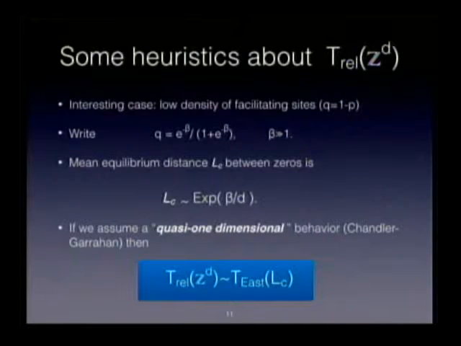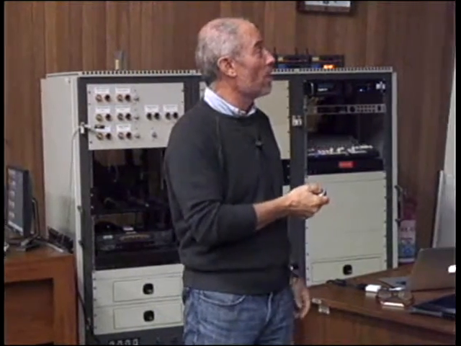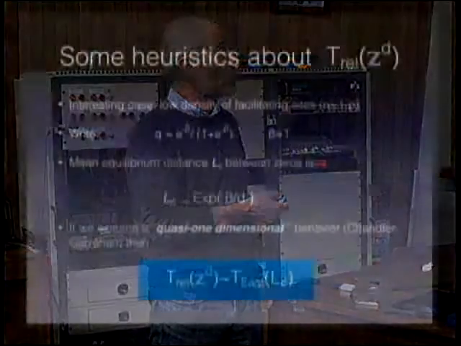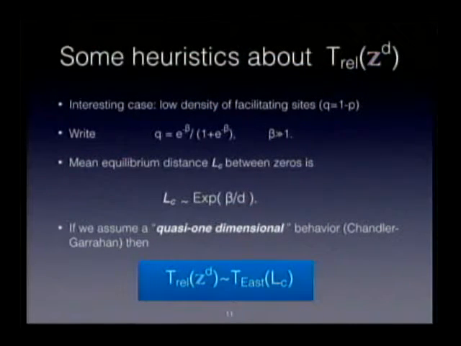Beta is like the inverse temperature. Okay? Now, in 2 dimensions or in d dimensions, at equilibrium, vertices, zeros, vacancies, they are at a typical distance which is 1 over q to the power 1 over d, so exponential of beta over d. Okay, that's the typical distance between zeros.